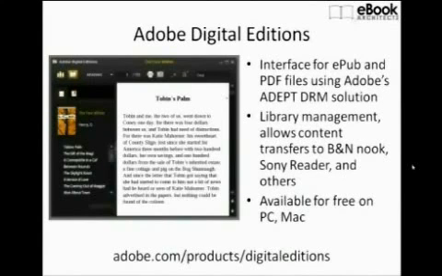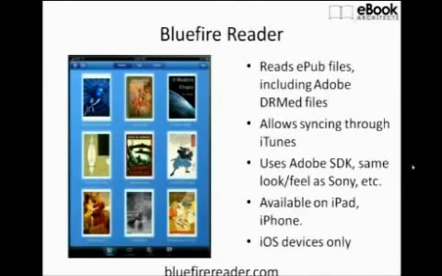It also allows library management, so you can handle your ebook transfers between the Nook and the Sony Reader, because it's using Adobe's DRM, you can read your DRM EPUBs here. Bluefire Reader is my favorite reader on the iPad and iPhone, and pretty soon they'll be coming out with an Android version of it as well.